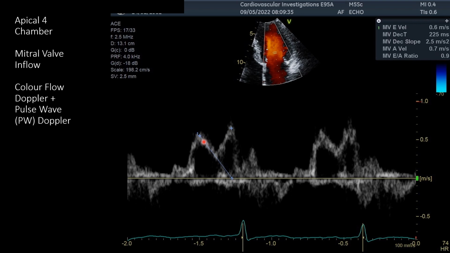And we can see the early flows and then the atrial kick. And by measuring the E velocity and A velocities and measuring the ratio between them, we can use that in our assessment of diastolic function.